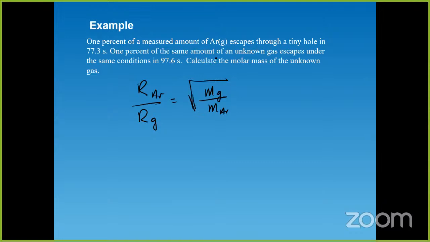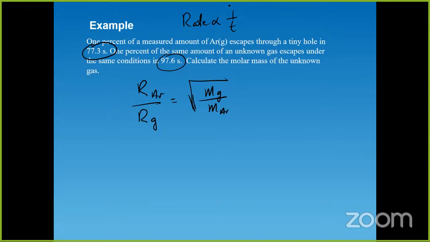The question gives you the time of effusion for both gases. The question did not give you the rate, right? Rate and time are two different things, right? I don't know if you got introduced to this in any of your math classes, but basically, there's an inverse relationship between the rate of any process and the time it takes, right?